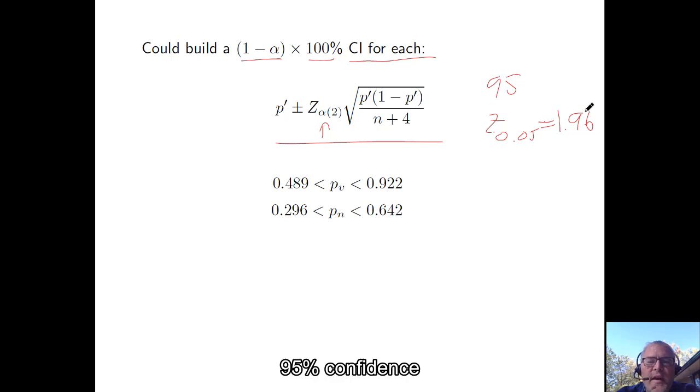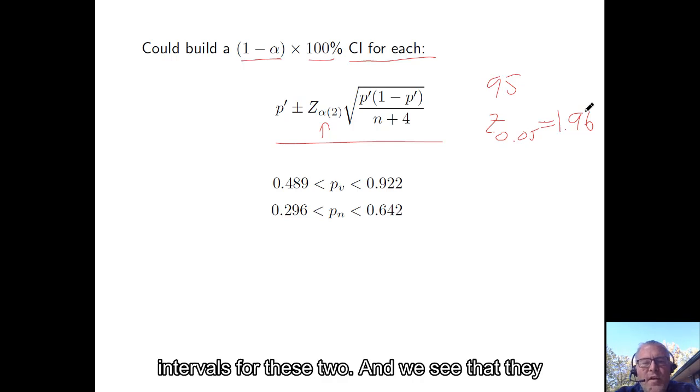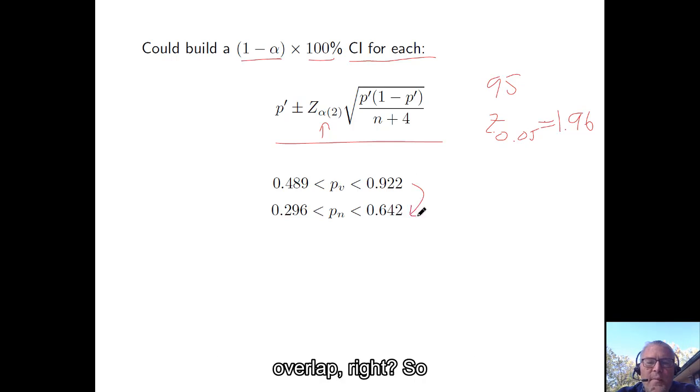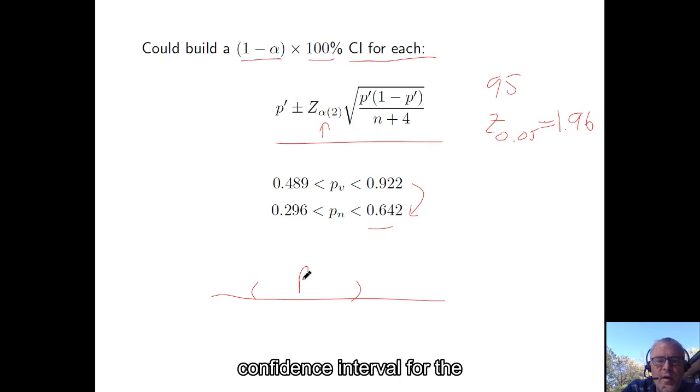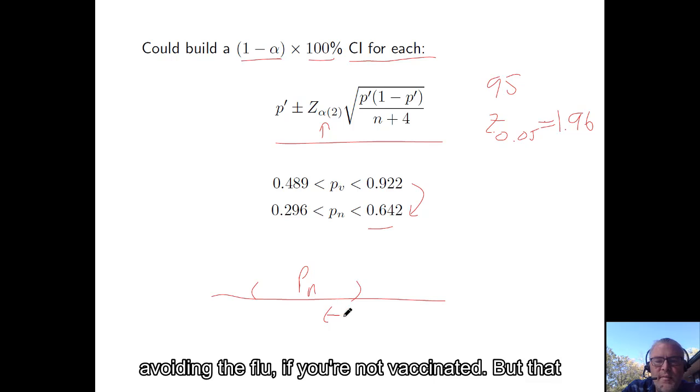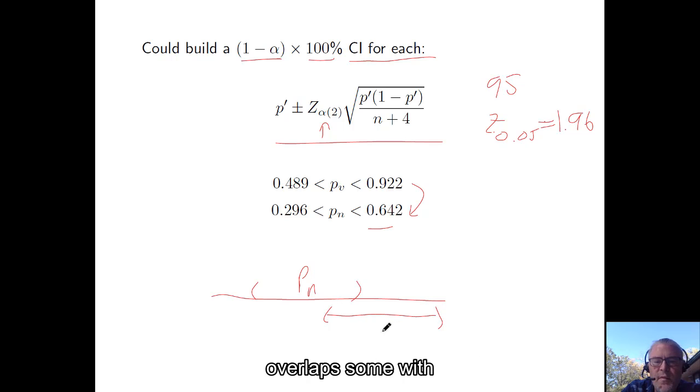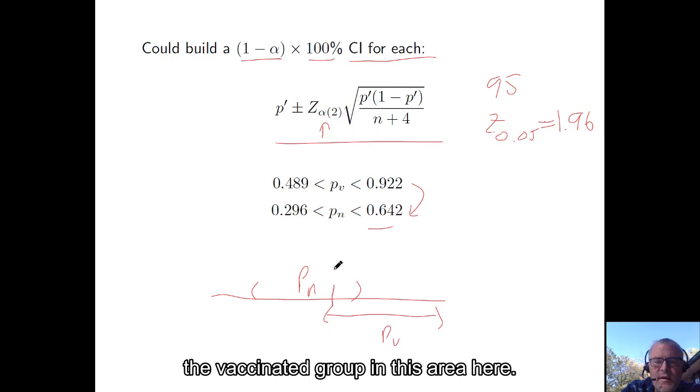I built a couple 95% confidence intervals for these two, and we see that they overlap, right? So we have a lower confidence interval for the true probability of avoiding the flu if you're not vaccinated, but that overlaps some with the vaccinated group in this area here.